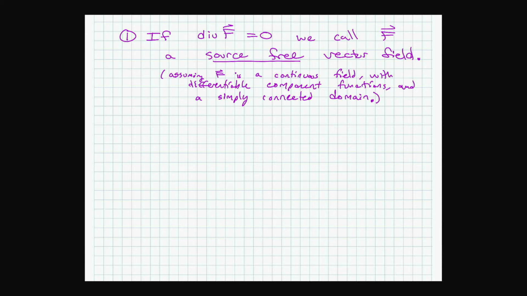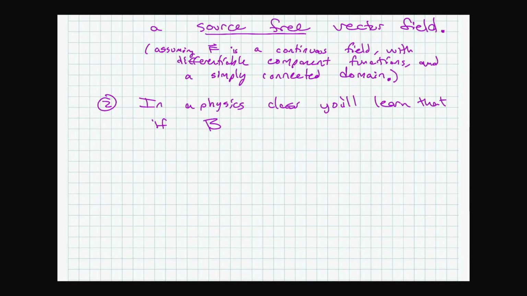It's called source free. But another interpretation is with something they call a magnetic field. In a physics class, which we are not, that's why we do almost no physics, you'll learn that B is usually used for magnetic fields. If B is a magnetic field, then grad dot B equals zero.